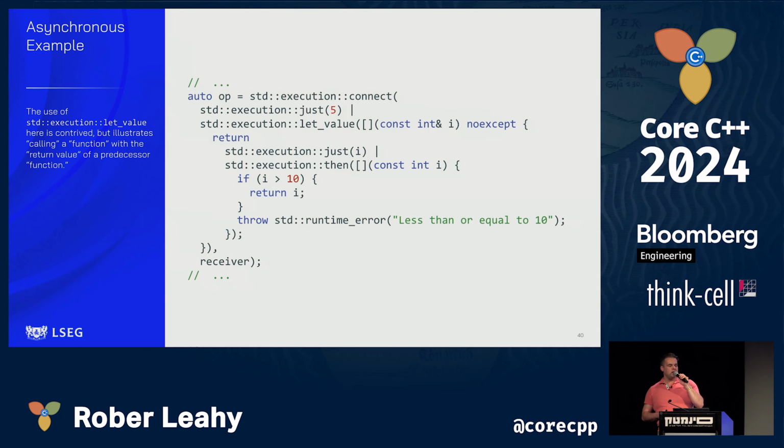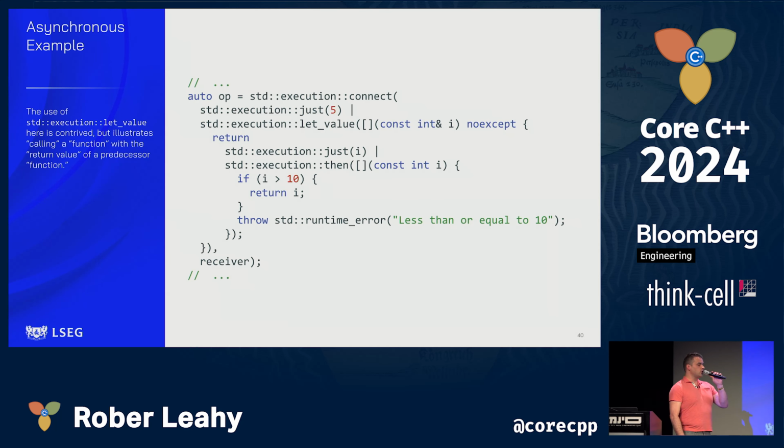We can actually see the expected C++ example written in terms of let value, and forgive me for the fact that it's complicated, the std execution framework doesn't really lend itself to parsimonious late currying. We have just piped into let value this time, and inside of let value, we're not trying to synthesize a replacement to go down the value channel.